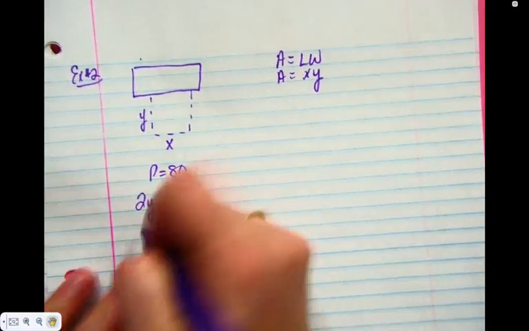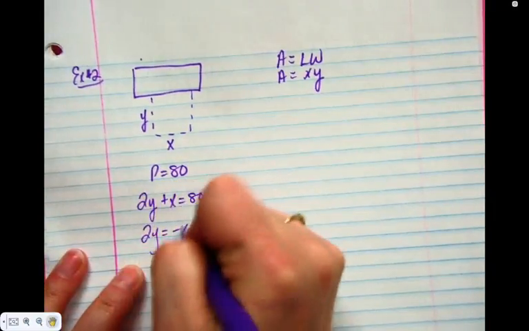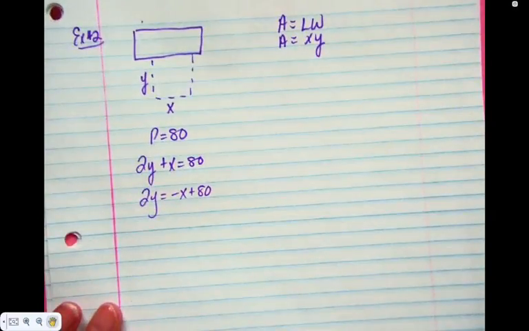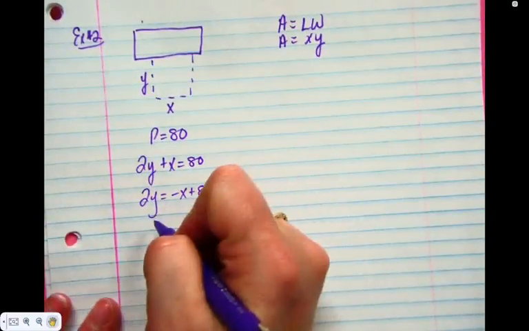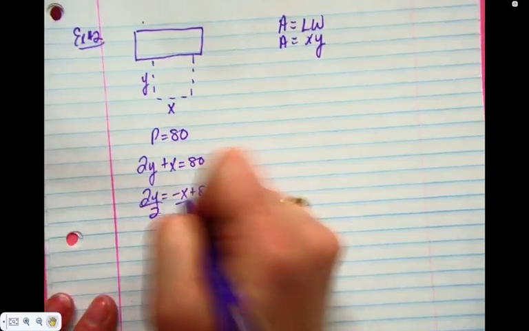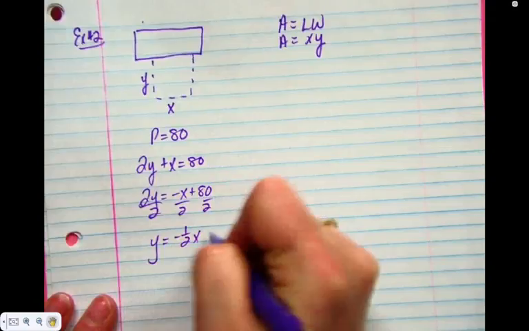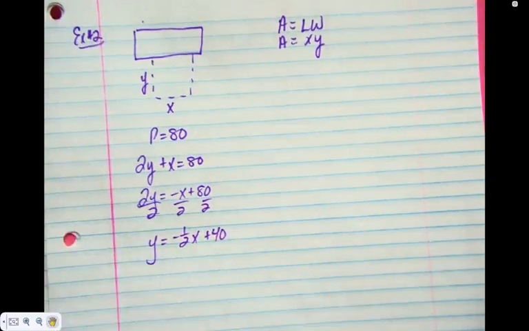First thing I'm going to do is take away the x. Then I'm going to divide by 2. So that gives me negative a half x plus 40. If you like decimals better, you can put negative 0.5x plus 40, whatever your brain likes better.